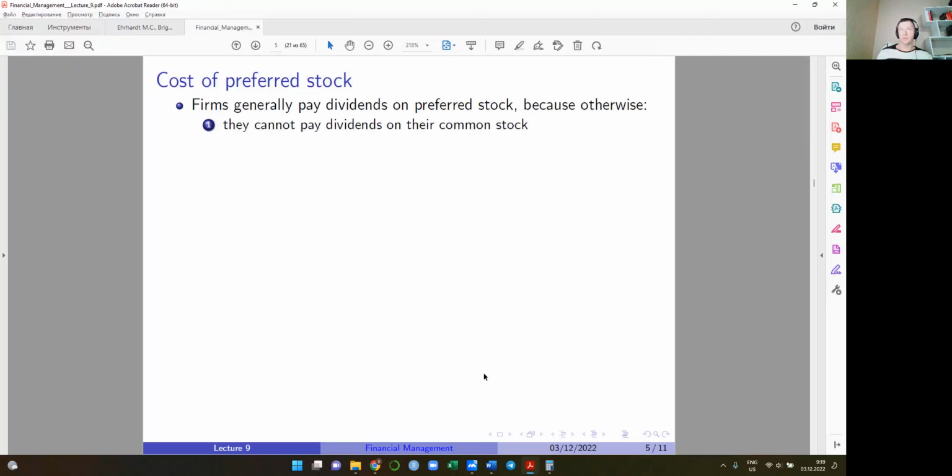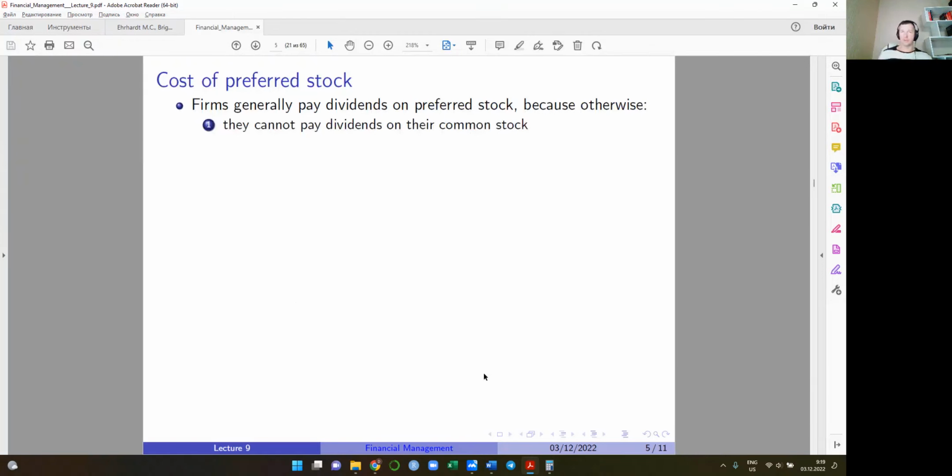First of all, if a firm does not pay dividends on preferred stock, they cannot pay dividends on the common stock. It is forbidden to pay dividends on the common stock before preferred stock.